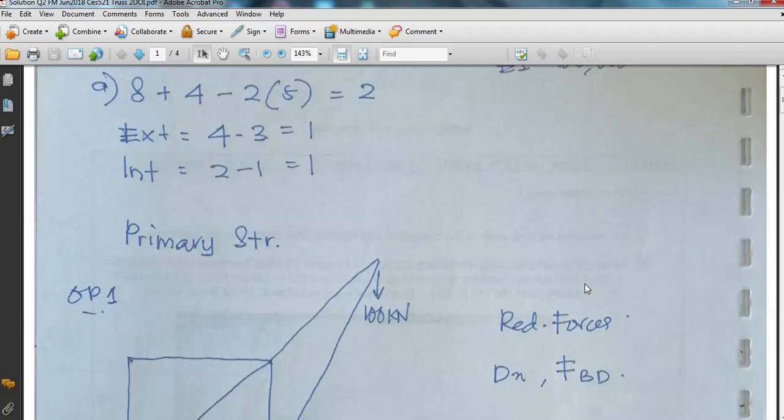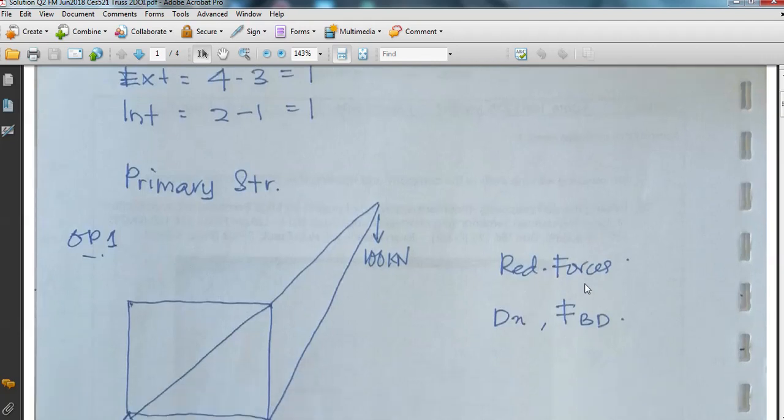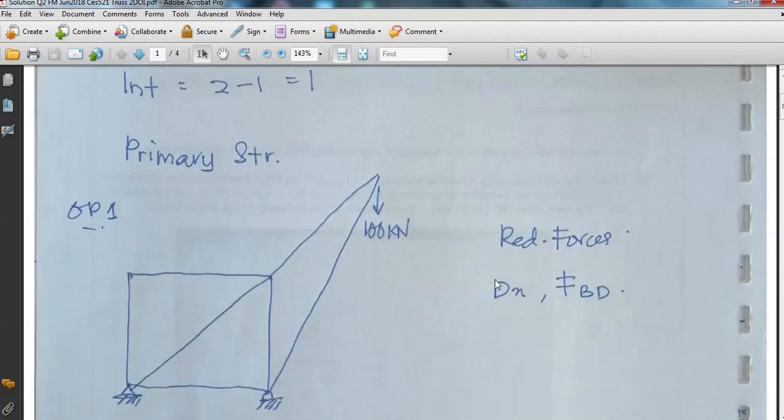So your primary structure looks like this. When you remove DX, at D the pin becomes a roller support, and you have removed member BD. That's why there is no member BD here.